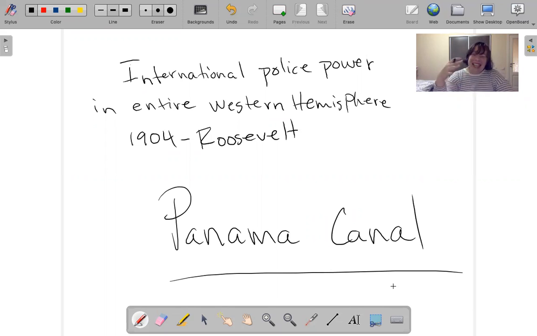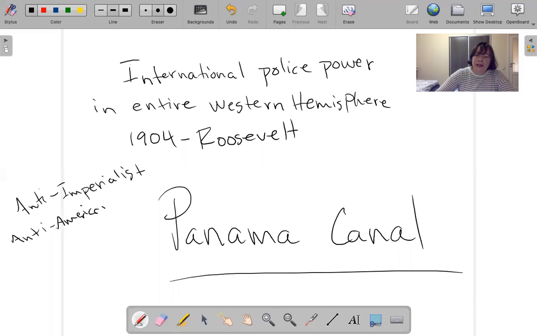But anti-imperialist, anti-American feelings were growing all across Latin America at this time, because what America was doing was going in and taking over. They were making the rich richer.